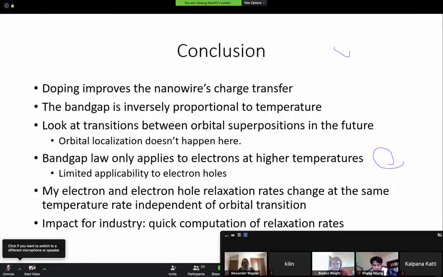So if I can show that this band gap law applies to relaxation rates in even a limited number of cases, it can save researchers a lot of time and effort in those specific cases, and they can just compute the relaxation rates using the band gap law.